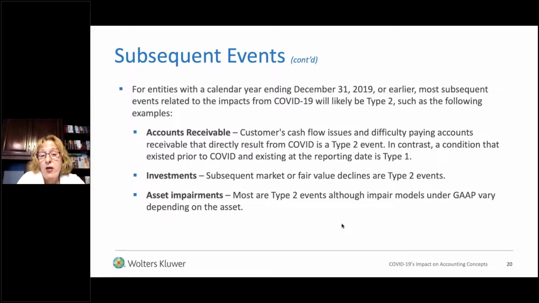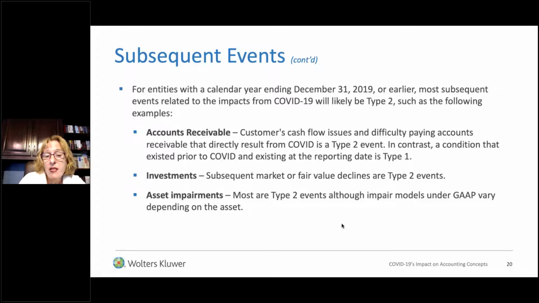Accounts receivable: customers' cash flow issues and difficulty paying their accounts that directly result from COVID. Notice that, from COVID, is a type 2 event. In contrast, a condition that existed prior to COVID and existing at the reporting date is going to be type 1. So if this is a customer you've traditionally had problems with, you have to be careful about whether you can call that a type 2 event.